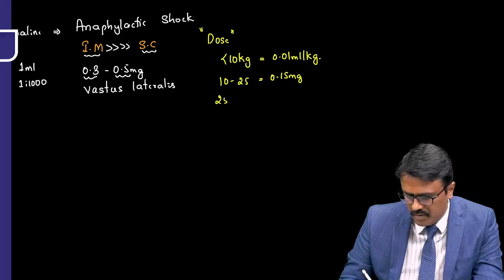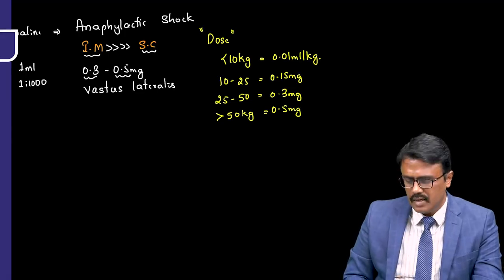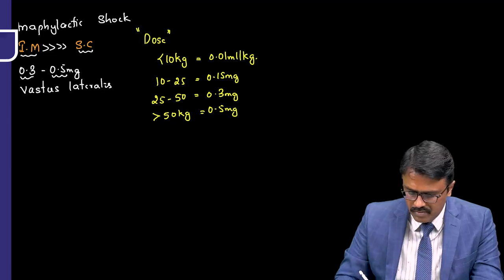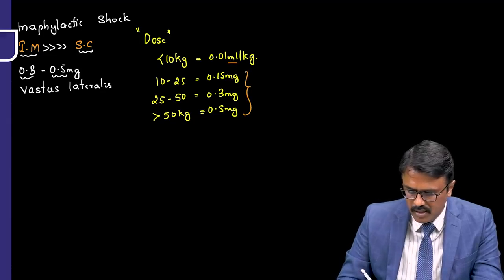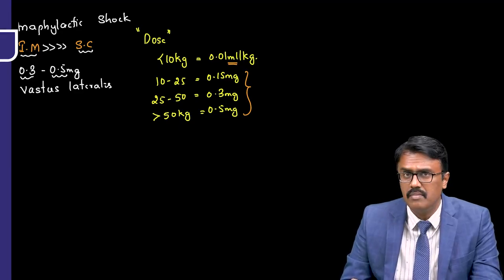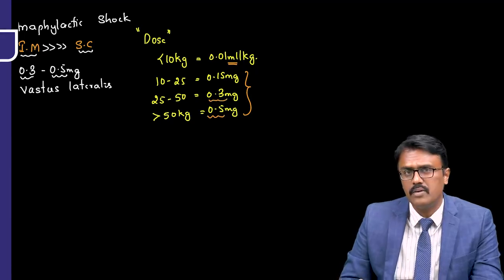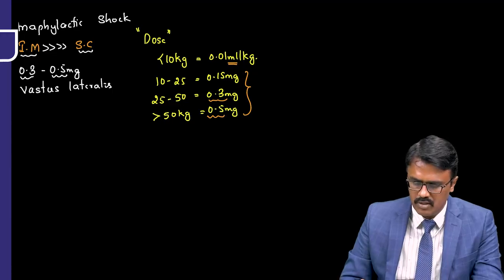If it is between 25 to 50 kg, it's around 0.3 milligram. If it is more than 50 kg, then it will be 0.5 milligram. So this is the dosing of adrenaline. You can write it as ml or milligram per kg, because ml and milligram come the same in this dilution. Usually in adults we use between 0.3 to 0.5 milligram. So that is what we do.